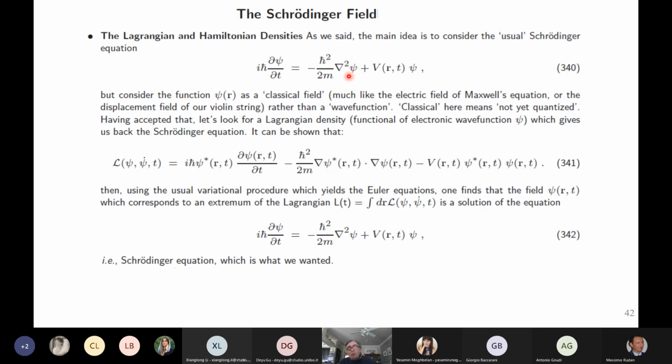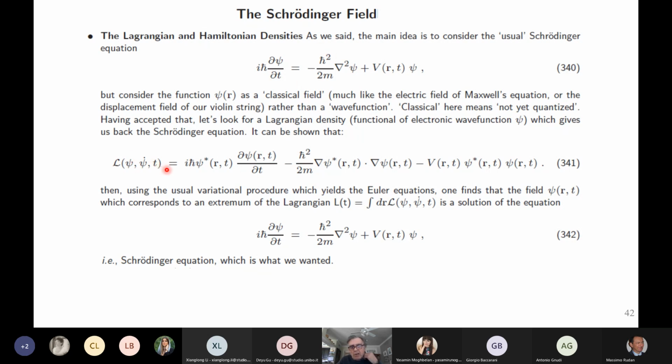So what we have to do first is to find a Lagrangian density such that the Euler-Lagrange equation for the field psi, in terms of which I express my Lagrangian density, gives me the Schrödinger equation.